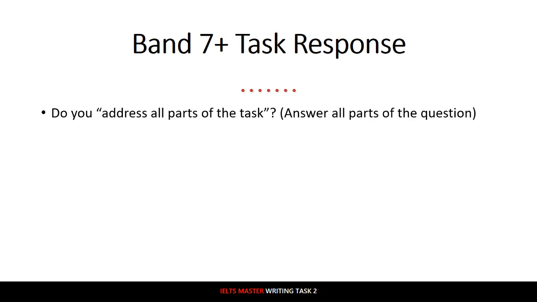For example, if the task asks you to discuss both views and give your own opinion, do you? Number 1, discuss both views, and number 2, give your own opinion. If you forget to give your own opinion, well, that's going to hurt your task response score. Your task response score will go down.